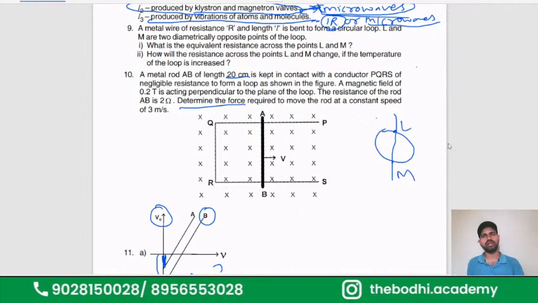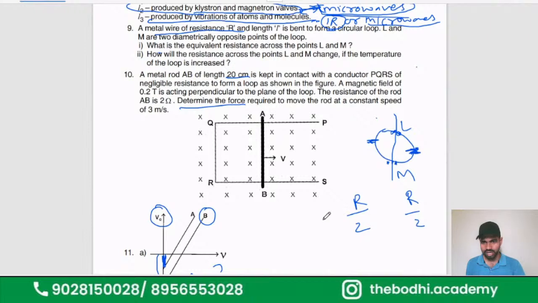So if you draw it properly, this becomes one resistor, this becomes a second resistor. If the entire circle has resistance R, then each half takes R by 2. And how are they related? They are parallel, because their arms are joined in parallel.